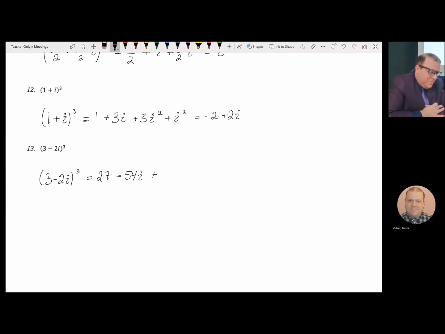So 3 times 2 squared, times 3. Third term is 36i squared. Two cubed. Final term is minus 8i cubed.